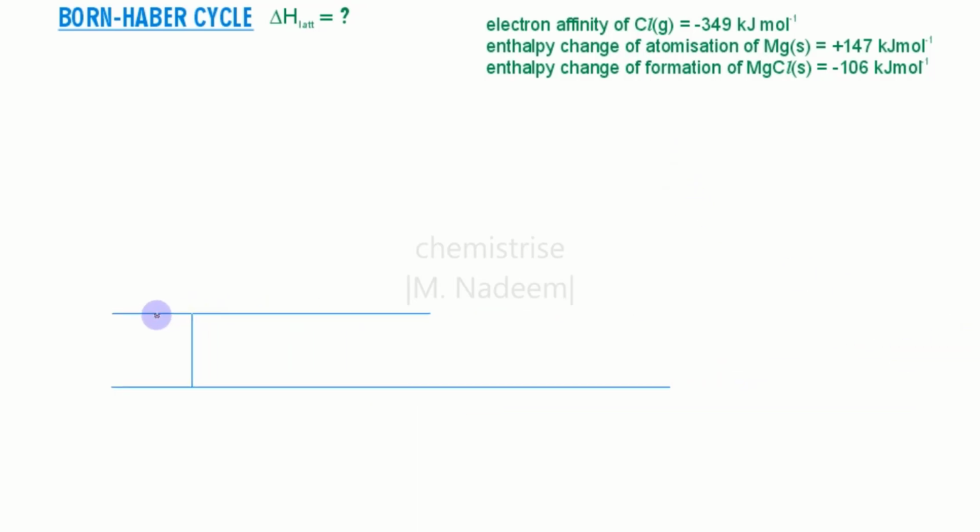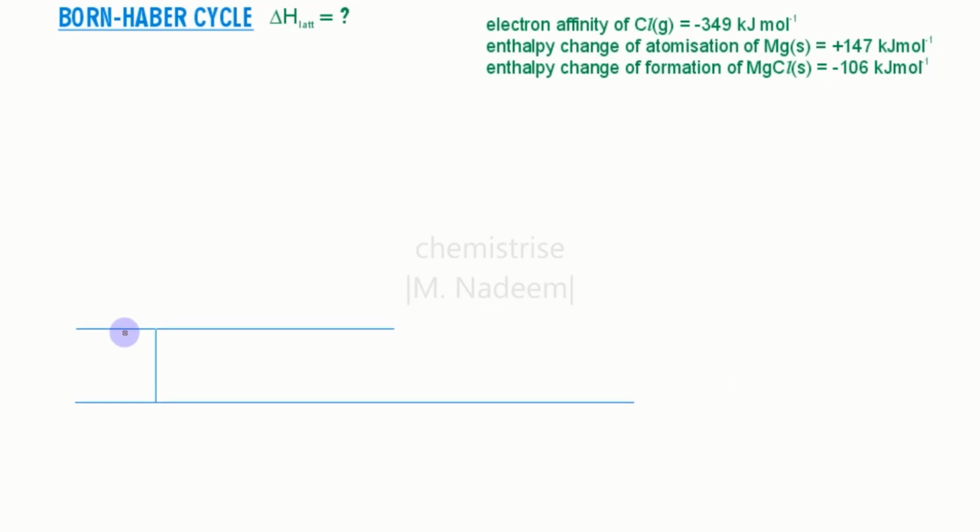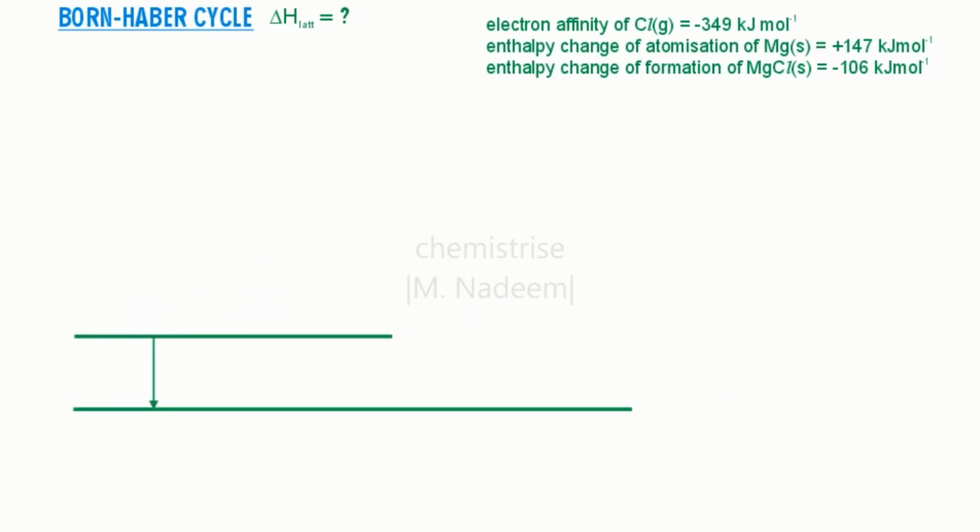So first of all, we have got the enthalpy of formation of MgCl solid, and it is produced from its elements. Here we got the elements, and its value is given to us, that is negative 106.